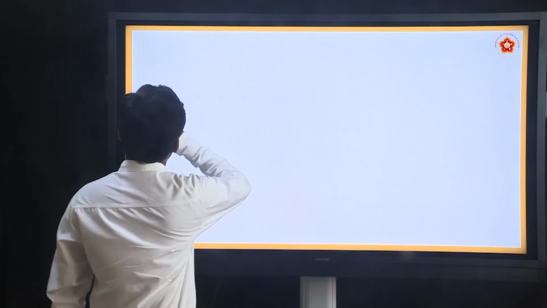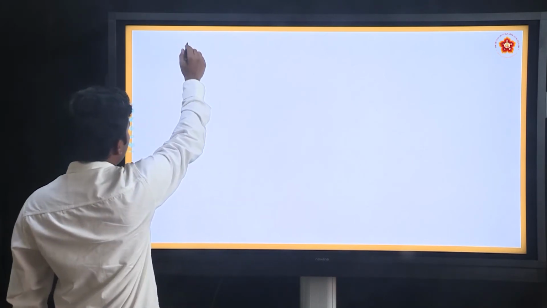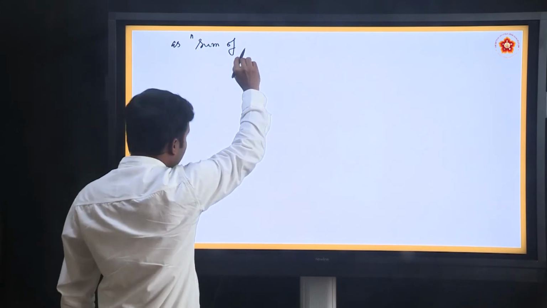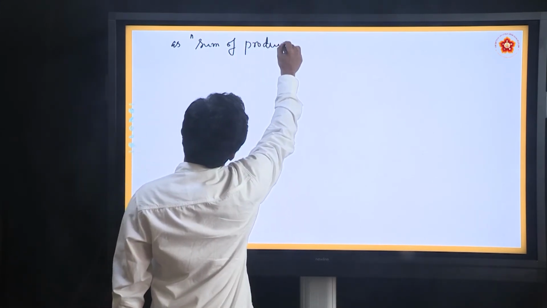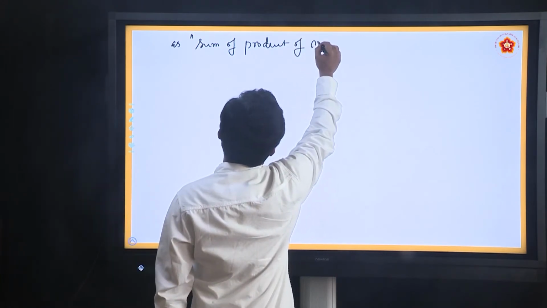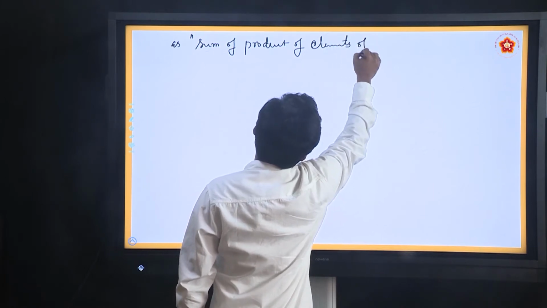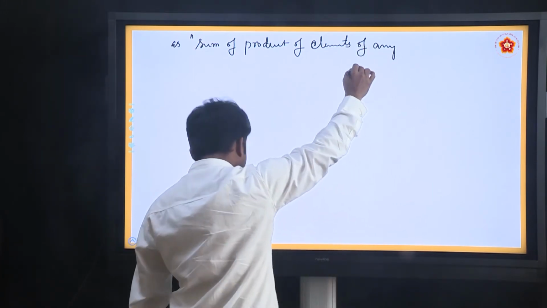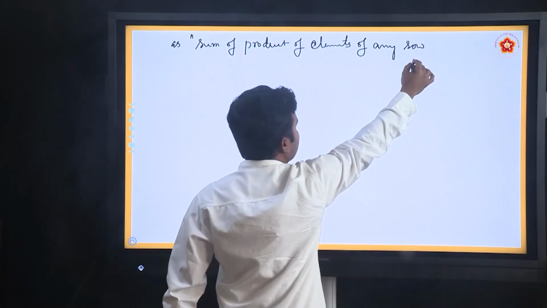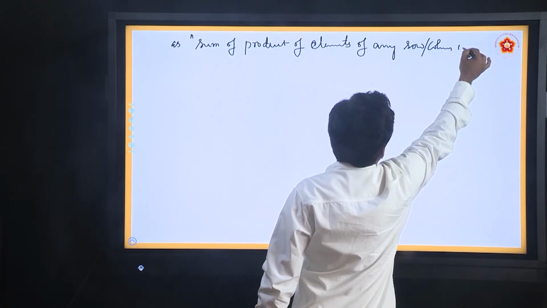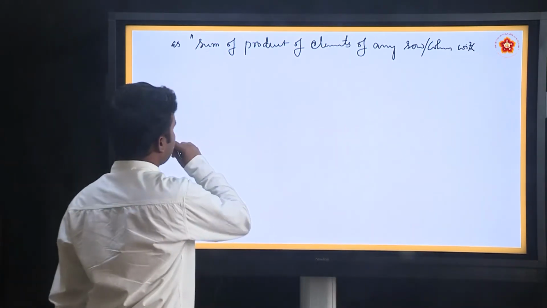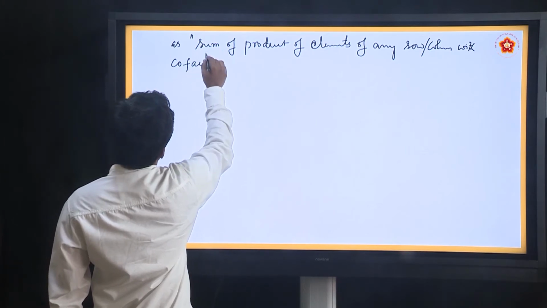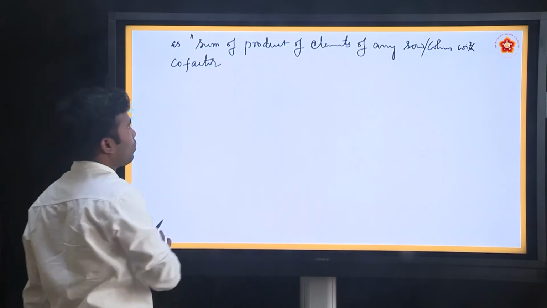So suppose I can evaluate the value of the determinant as the sum of the products of the elements of any row or column with the corresponding cofactors.